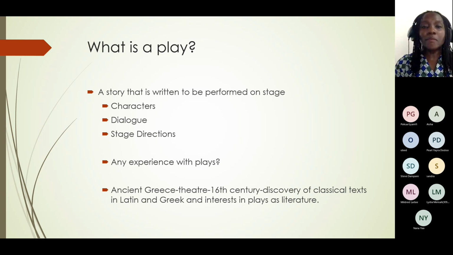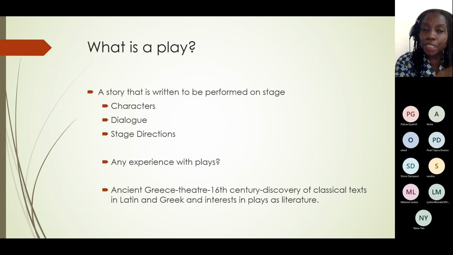And so there's something very performative about plays, okay? And so when you think of plays, even though they exist as text, they are actually written to be performed. And so they are more of action than just literature, even though they qualify also as literature.